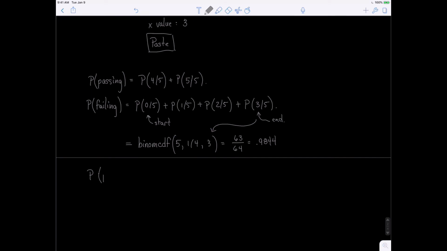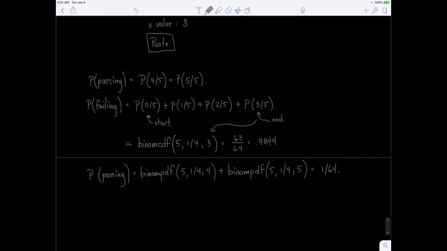For the probability of passing, you can go binom PDF 5, 1/4, 4, plus binom PDF 5, 1/4, 5, and press enter, then run through math fraction, and you should get 1/64.